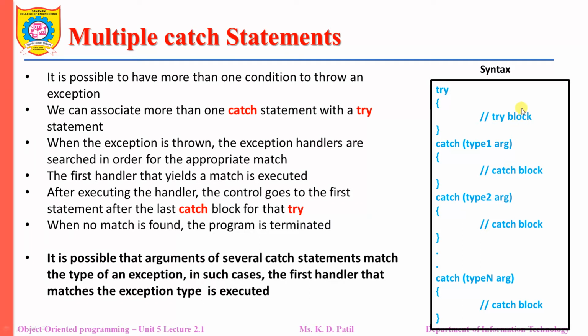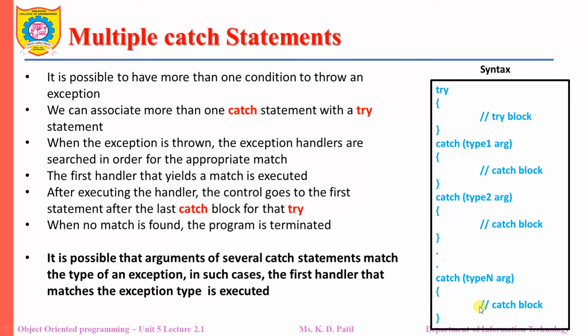That means if I have three conditions over here, and for example three catch blocks, then for the first condition I can have catch block 1, for the second condition I may have catch block 3, and for the third condition I may have catch block 2. Then after handling the exception, the control will go to the statement after the last catch block for that respective try block.